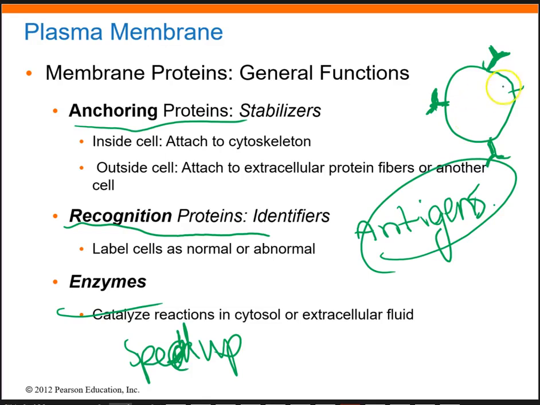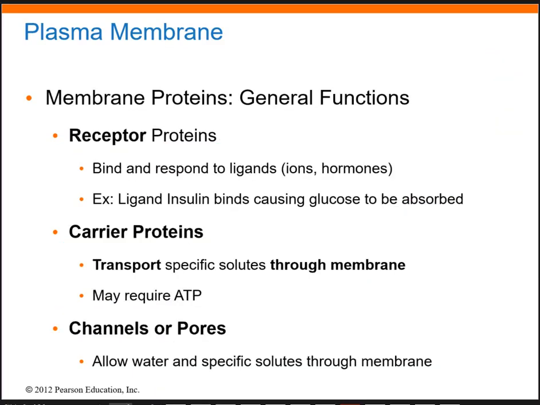They can speed up chemical reactions that are happening here inside the cell or outside the cell, just depending on which way they stick out of the plasma membrane. There are receptor proteins present. Remember, I said that receptors bind to something and then they make something happen in the cell. This is how the cell receives messages and instructions from other areas of the body.